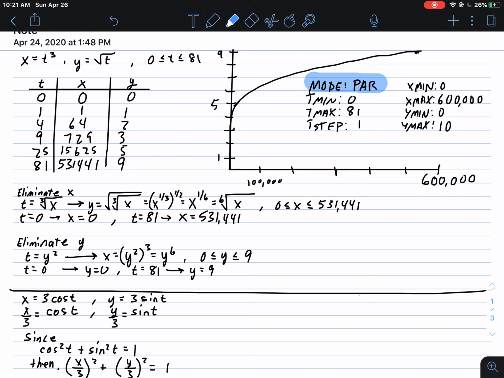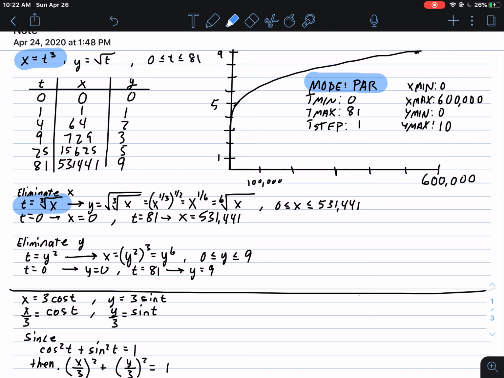Now, eliminating the parameter. Again, like we said, you could do that with either equation. So I went ahead and did it both ways this time just to show you how that could be done. So let's say first I want to eliminate the x, as we did in the previous example. So I would take that equation, x equals t cubed, and I'm just solving it for t.